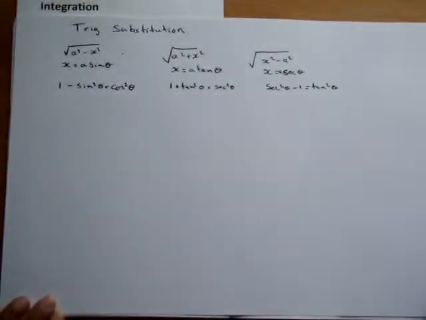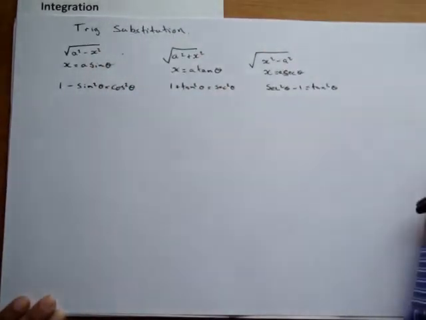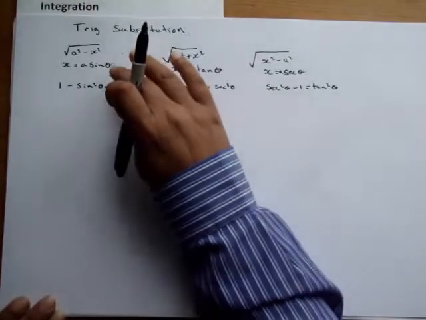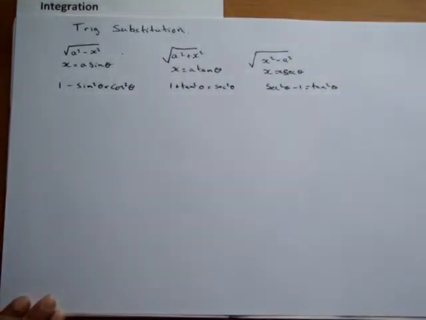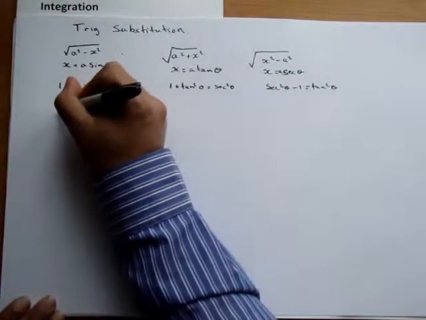Now, say we're in an exam situation and we didn't remember which trig substitution to use. So how do we get this particular substitution? Well, it all comes from Pythagoras.